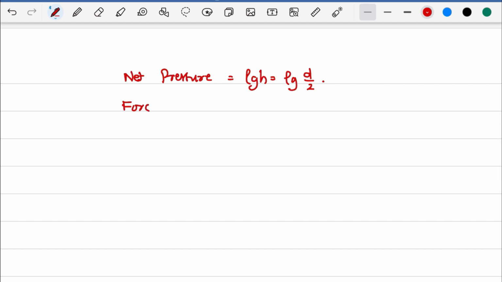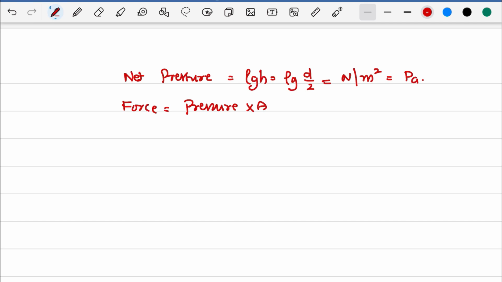Force is equal to pressure into area. What are the units of pressure? Newtons per square meter, that is equal to Pascal. The same is the unit for stress also. Stress, pressure, all these have the same units. Force by area, perpendicular area.